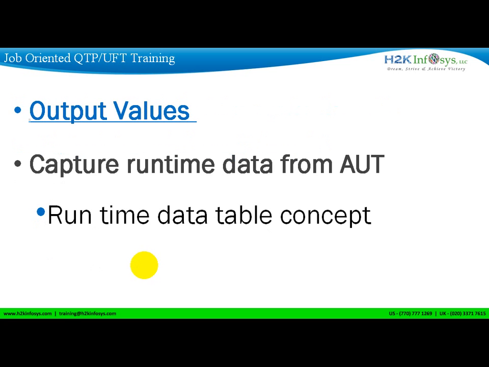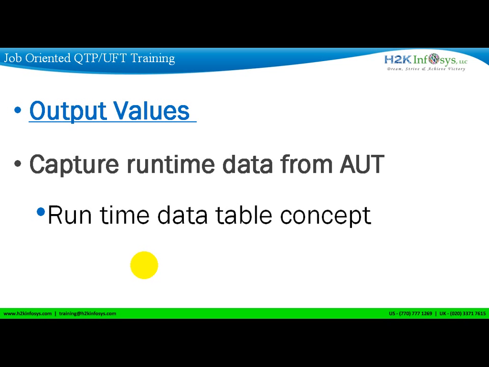And also you are going to capture whatever data is created by the application, which is the dynamic or runtime data. As I mentioned before, your application is going to create different accounts. Then how do you capture those account numbers? That's where you use the output values feature, which uses the runtime data table.